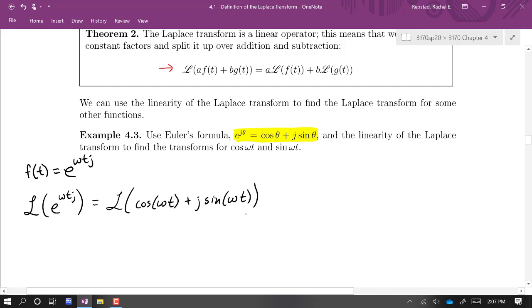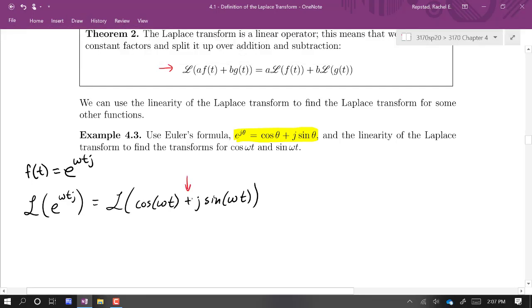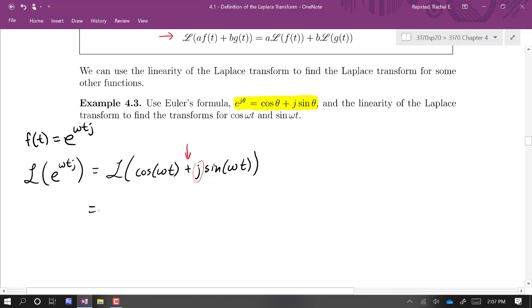Now the Laplace transform is linear. I can split it up over addition, and also I can pull out this constant multiple. J is a constant, it's just complex. So we've got the Laplace transform of cosine omega t plus j times the Laplace transform of sine omega t.